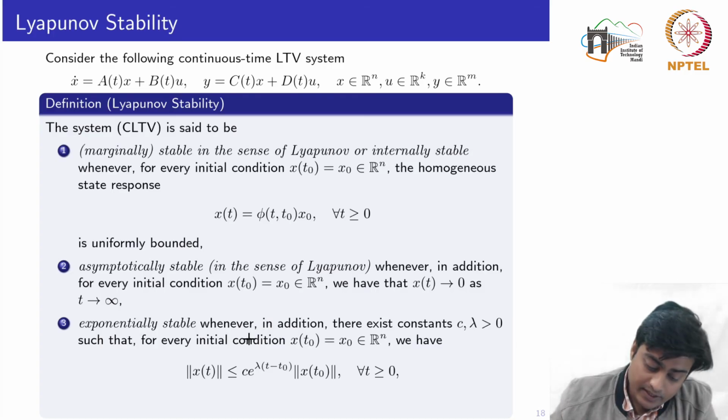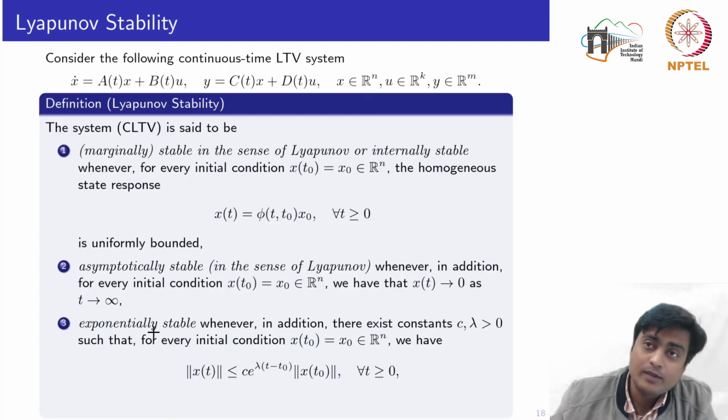Exponentially stable means that, in addition, there exist constants c and lambda, both positive scalar values, such that for every initial condition x naught, the norm of the signal x(t) is always less than or equal to c times e to the power lambda (t minus t naught) times the norm of the initial condition.